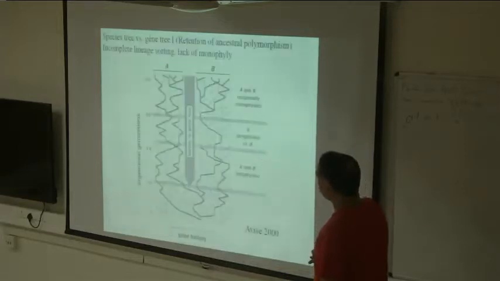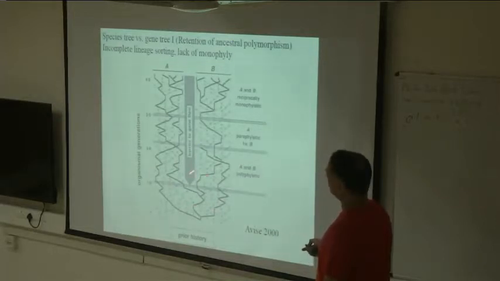And this sort of makes sense. What happens is, early during the speciation, this is where the barrier has arisen, daughter species will share a lot of alleles, right?